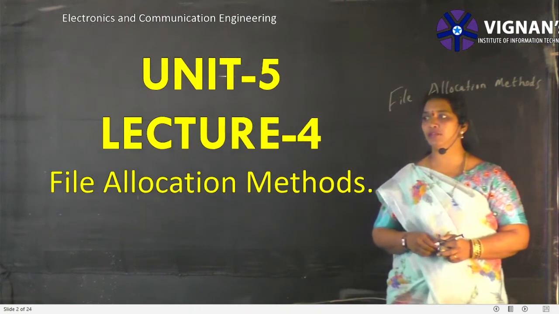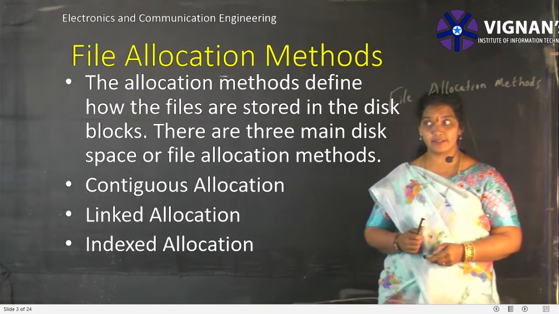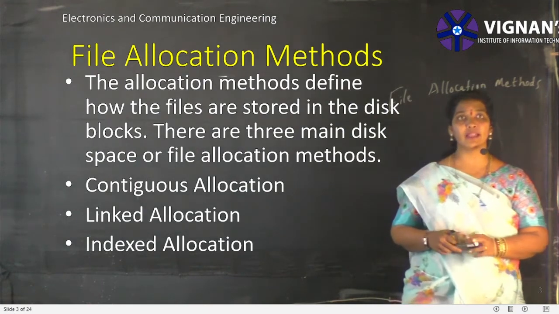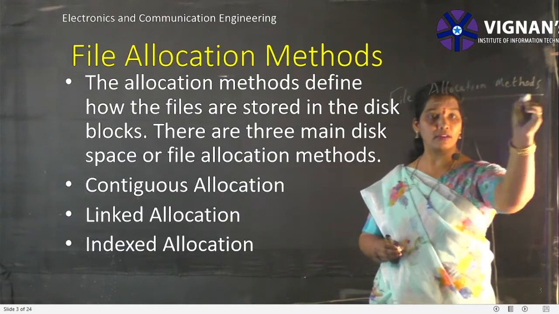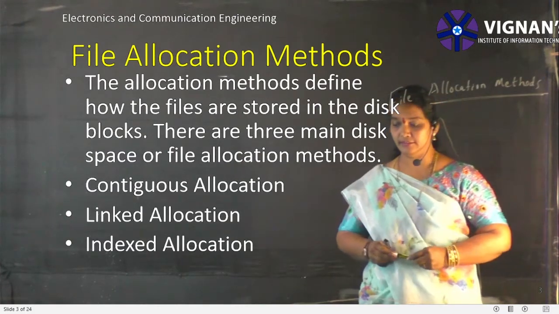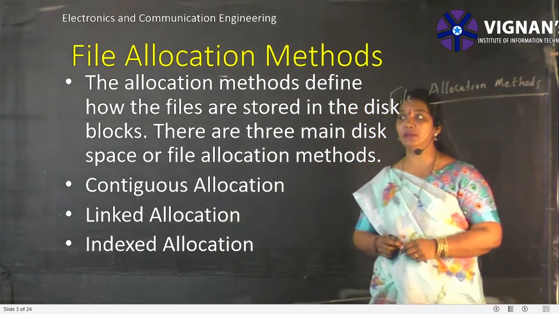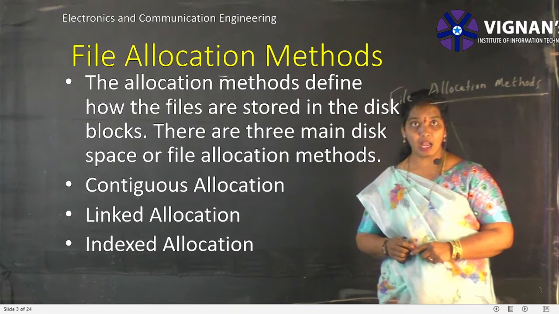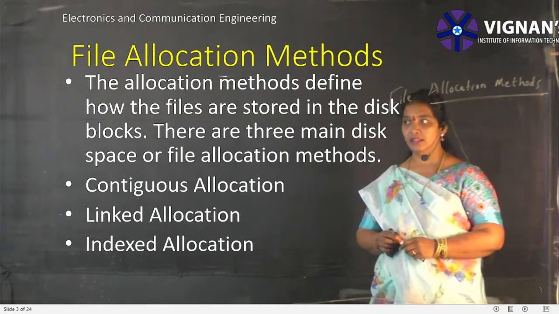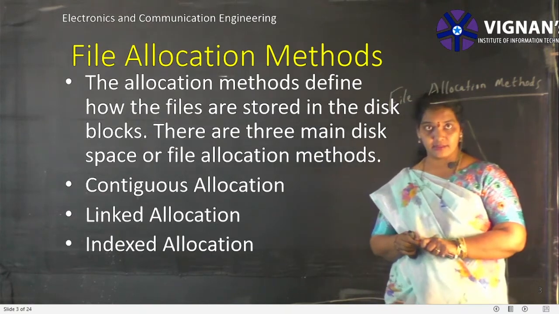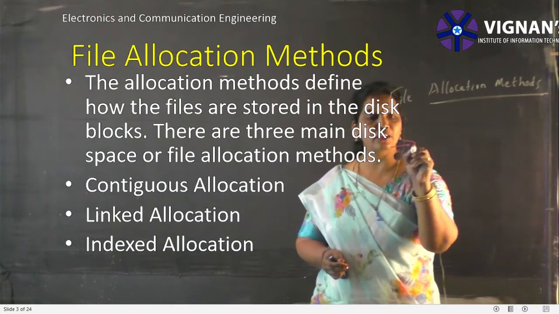So this is Unit 5 Lecture 4, File System Allocations or File Allocation Methods. So what do you mean by allocation methods? We will be concentrating on file allocation methods. What does this allocation mean? The allocation methods define how the files are stored in the disk blocks, and there are 3 main types of file allocations.